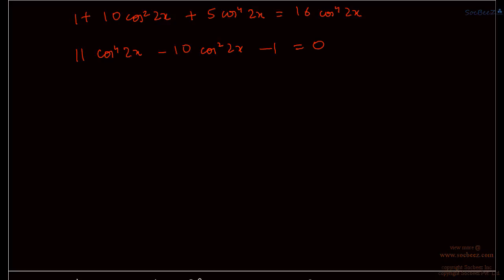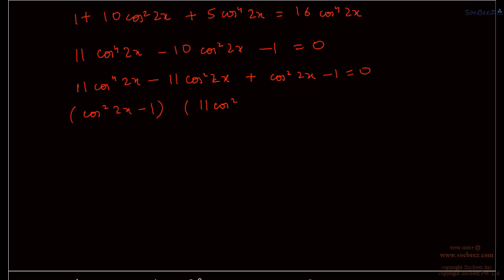Now we see that cos square 2x equal to 1 is the solution, right? So 11 cos power 4 2x minus 11 cos square 2x plus cos square 2x minus 1 equals 0, or cos square 2x minus 1 times 11 cos square 2x plus 1.